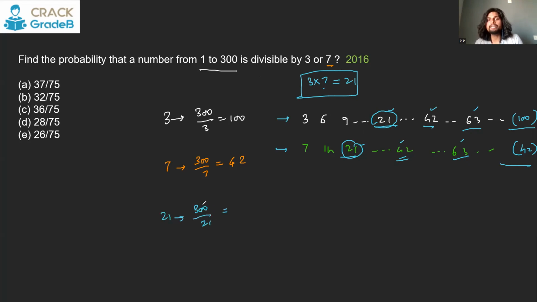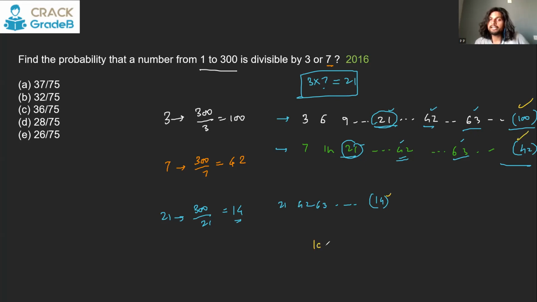How many multiples of 21 are there up to 300? 21 fours are 84, so there are 14 multiples of 21, like 21, 42, 63. Such 14 numbers we have counted twice, so we have to subtract those.